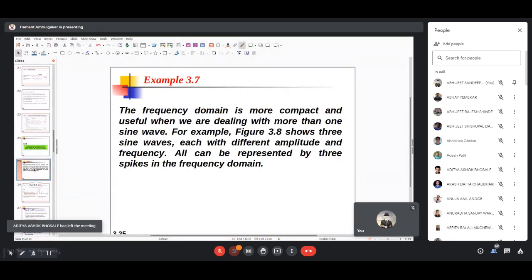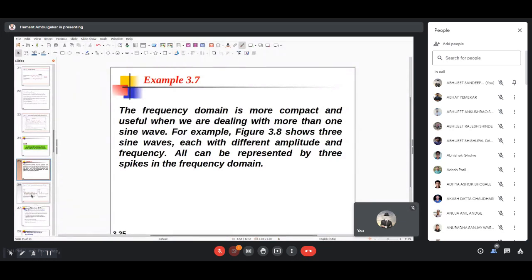So frequency domain plotting or frequency domain representation is more compact, and because of this it is useful in dealing with a number of sine waves, right? Okay, so for representing many sine waves we are using frequency domain plotting.